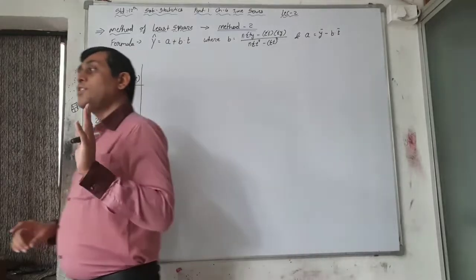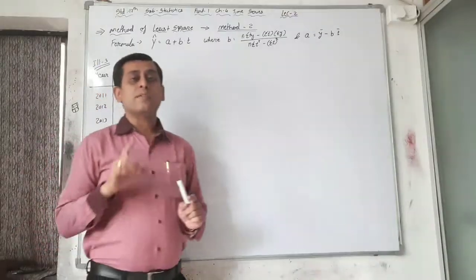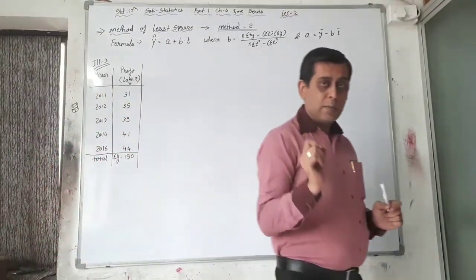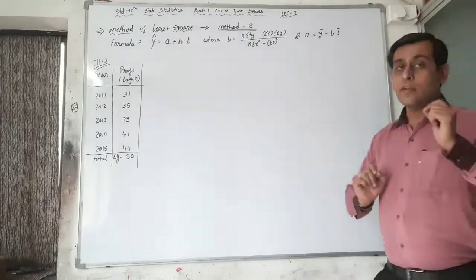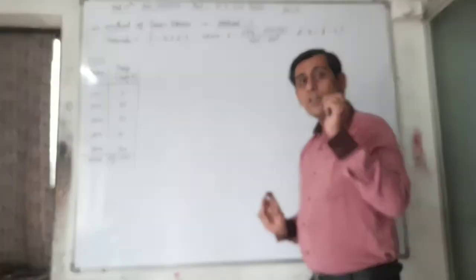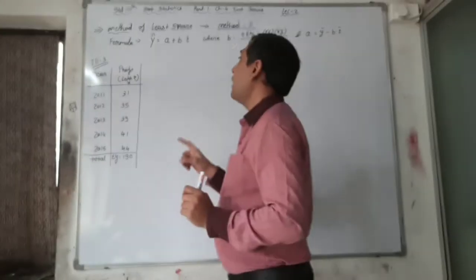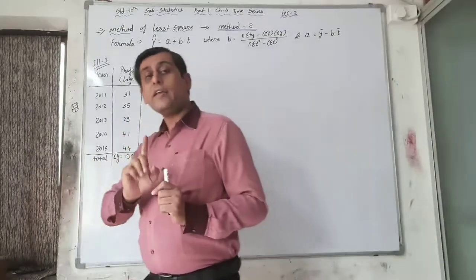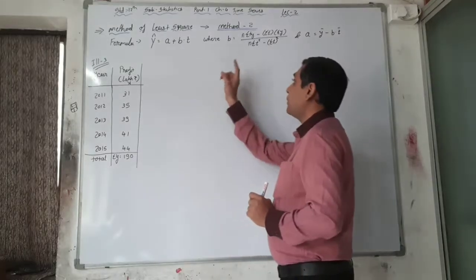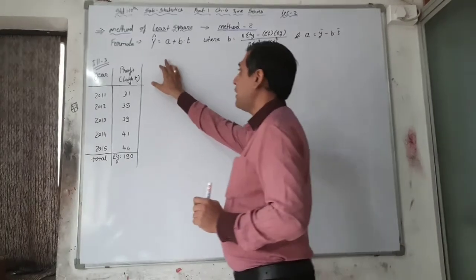There, in chapter number 3, there are two variables x and y. X is independent and y is dependent. Here there is only one variable, time, that is independent, and y is dependent, right? So here the formula is again common.